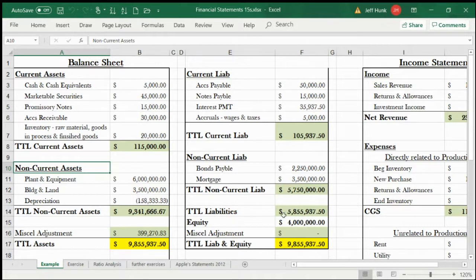So initially, what they raised will mostly be going to acquiring plant and equipment and building and land, the fixed assets or physical assets or real assets, right? I'm going to come back to depreciation later, but let's take a look.